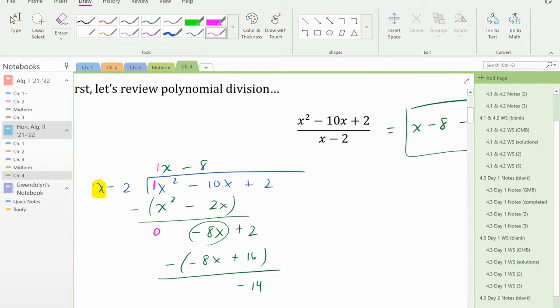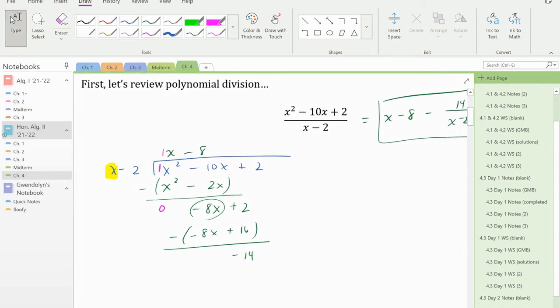I guess that's really kind of all the numbers I need to look at. So we put the x minus 2 there. And you had a 1 and a 1 and -10, -2.